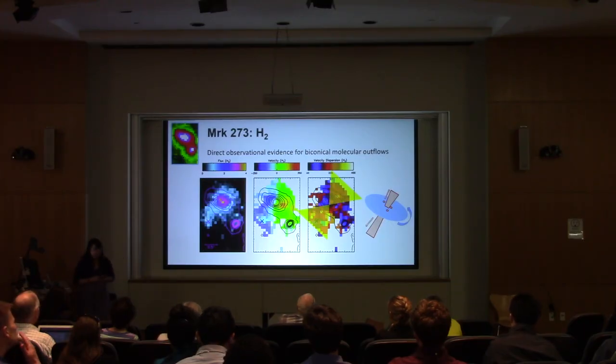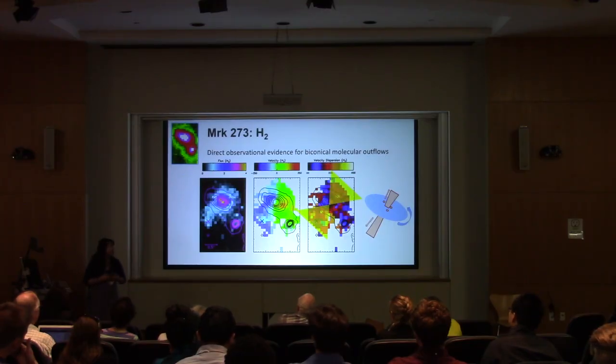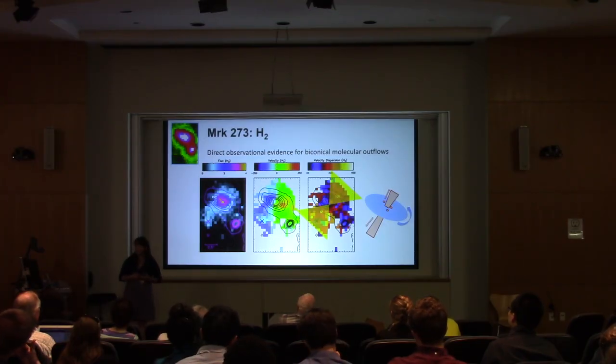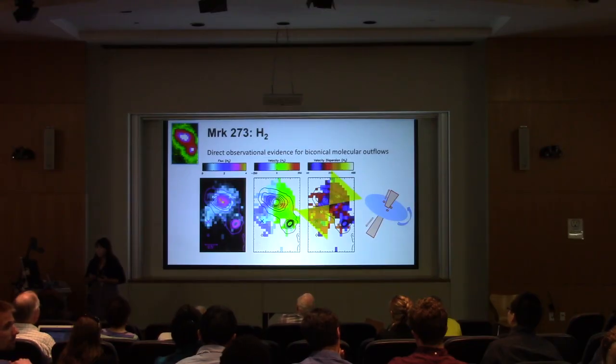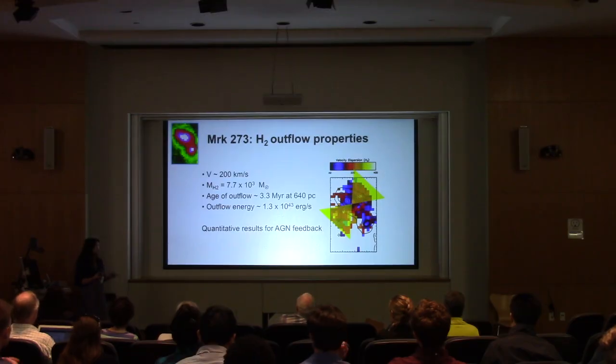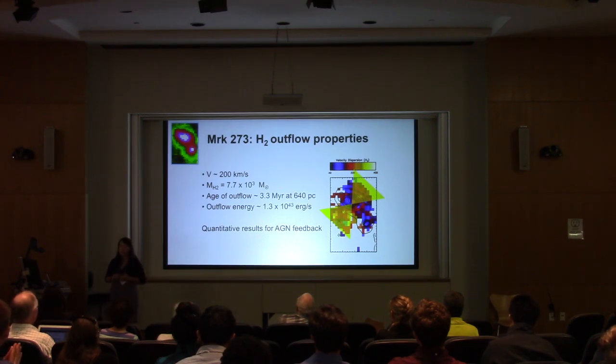This is really exciting, being that we're able to see the smoking gun signature of those galactic-scale outflows that I alluded to earlier. Using our data, we can also quantify these outflow properties, such as the velocity, the mass, the age of the outflow, and also its energy. These are direct quantitative results that we can compare to the FIRE simulations to help constrain feedback physics.